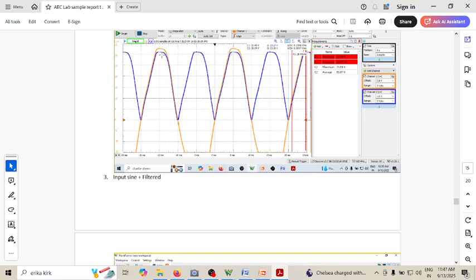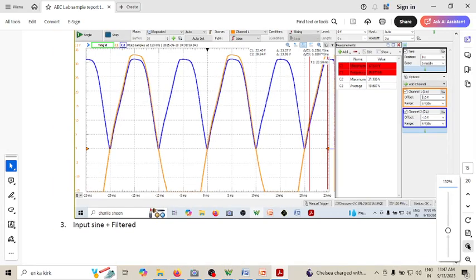Now you're seeing the peak of this. The difference between the maximum of input and the maximum of output will be 1.4, which I think you can make out. One is 32.5, the other one is 31.1. The difference is almost 1.4. That's because you have two diodes conducting at a time.